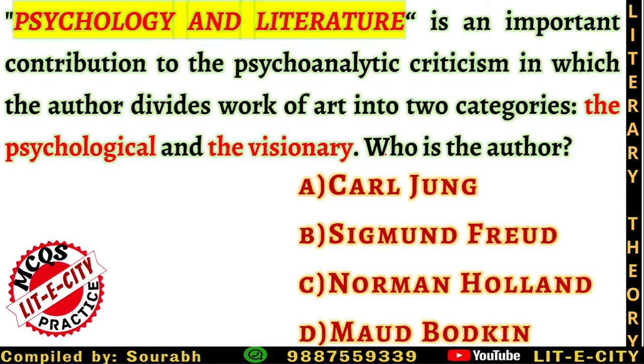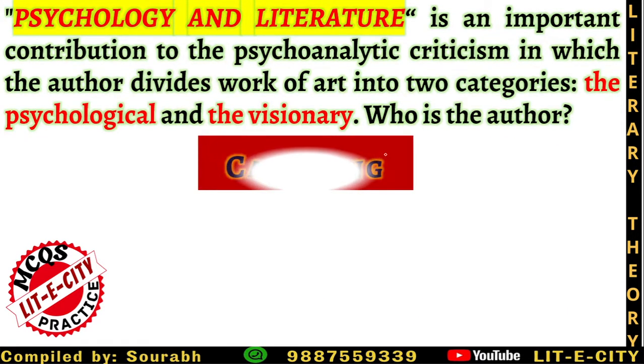They all, as you know, or if you don't know, please try to find out some important facts about them. They are very important ones. And the one who basically divided the work of art into these two categories, the psychological and the visionary, is none other than Carl Jung.